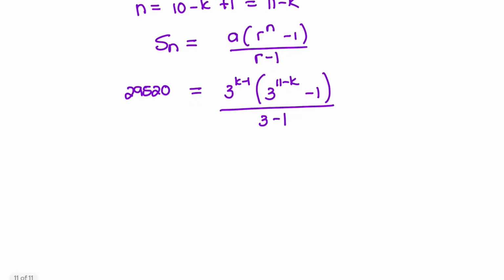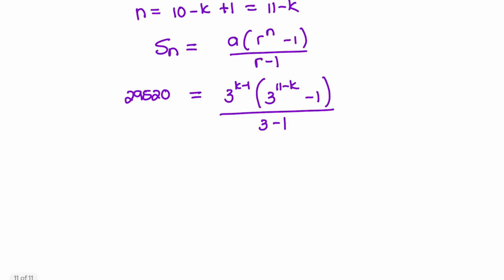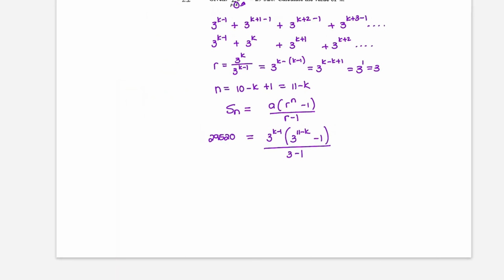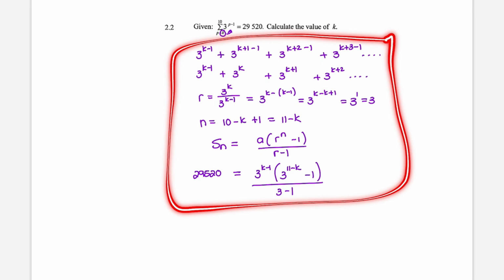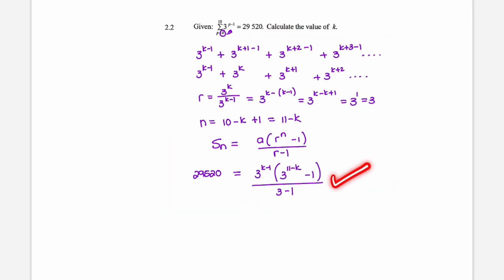Now the mathematics looks a little bit daunting from here. What we need to do is solve for k from this equation. But can you see, there's quite a little bit of work that needs to go into setting up the equation. We first need to find the first few terms of our geometric series, then establish what r is, and then find n.